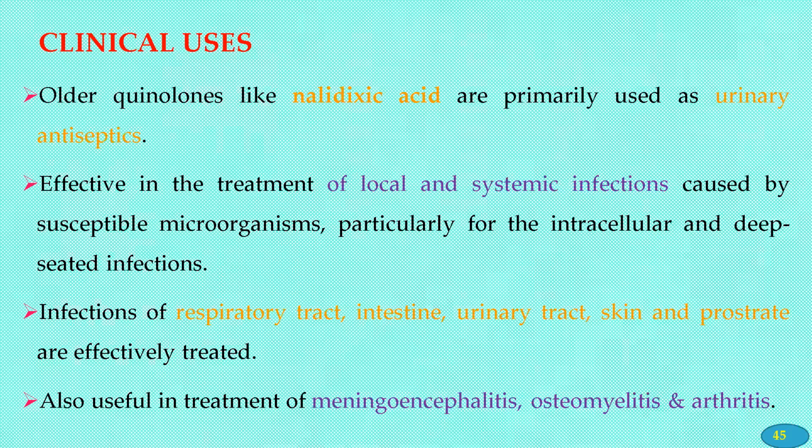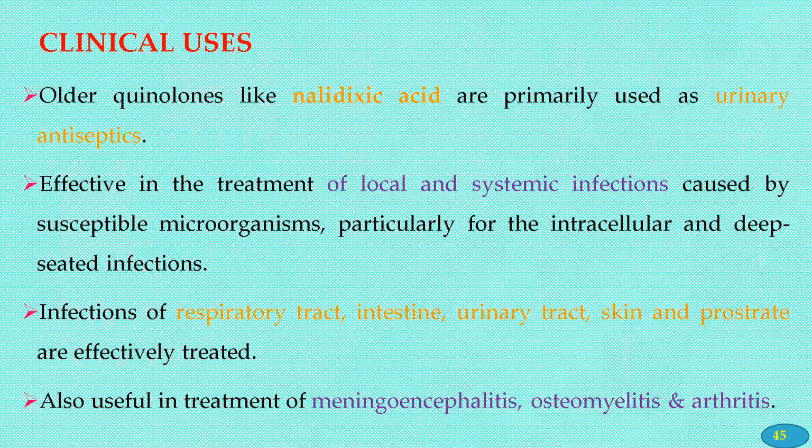So respiratory tract, intestinal, urinary tract, skin, and prostate gland infections are usually treated with the quinolones. They are also useful in the treatment of meningoencephalitis, osteomyelitis and arthritis. But if there is arthritis in a growing animal, don't use it because it is going to cause chondritis.